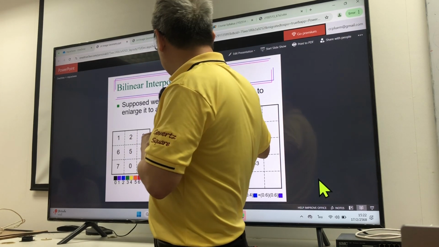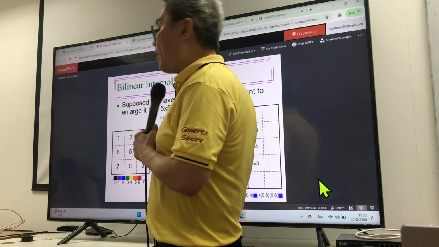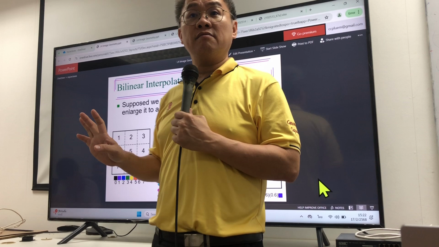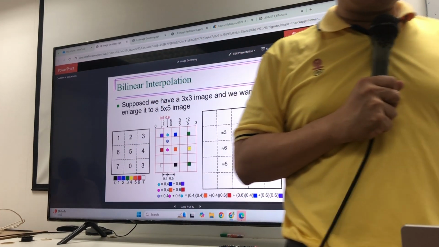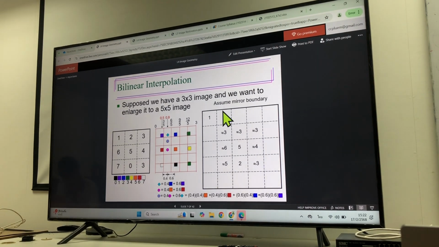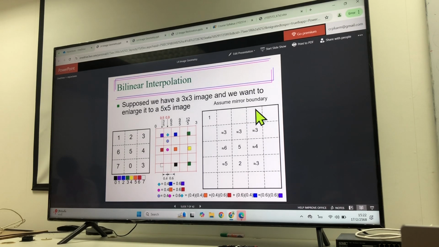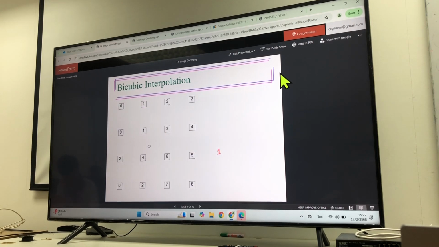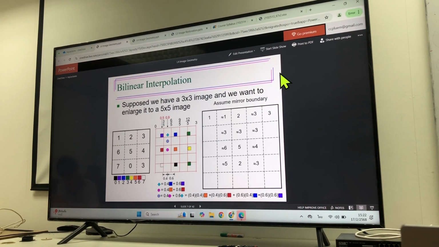If you want, in this one, you might not want to assume zero padding. You might want to assume something else, the reflective padding, so the mirror boundary. Assume a mirror boundary, and you're going to get these values, to get a more accurate bilinear.